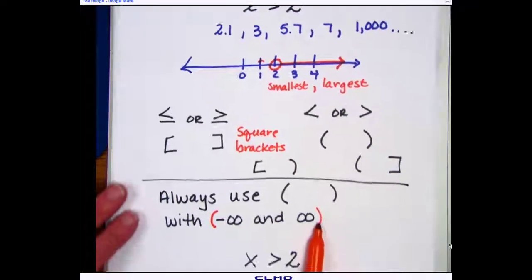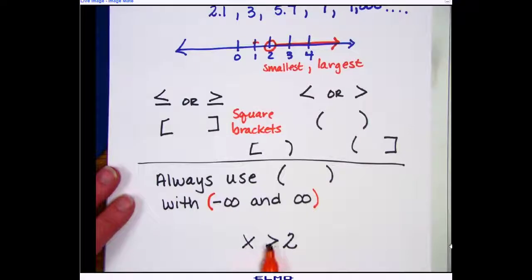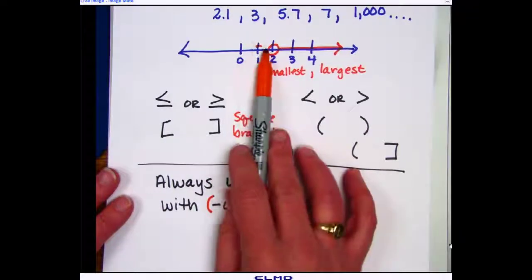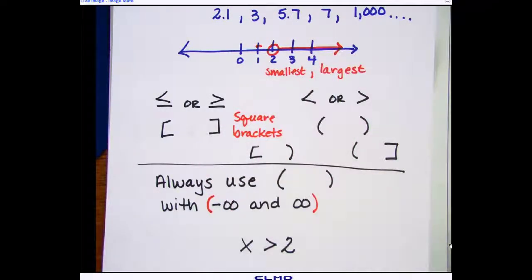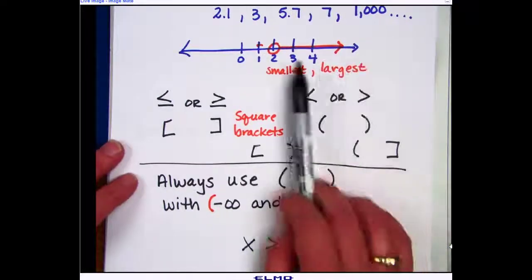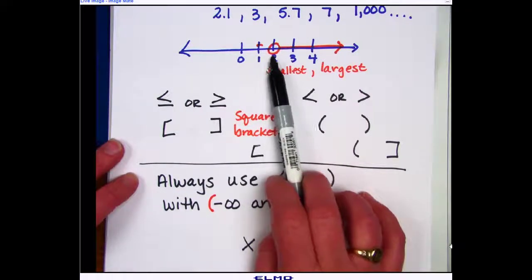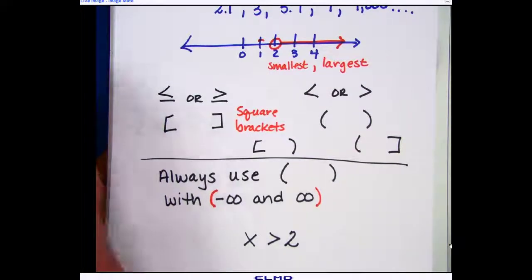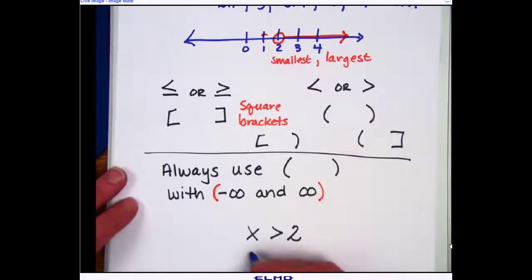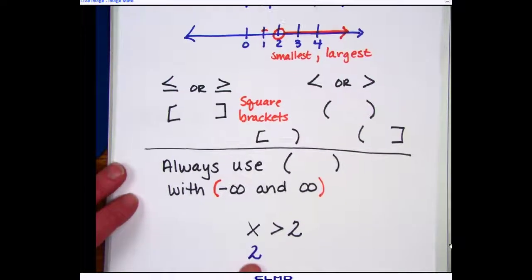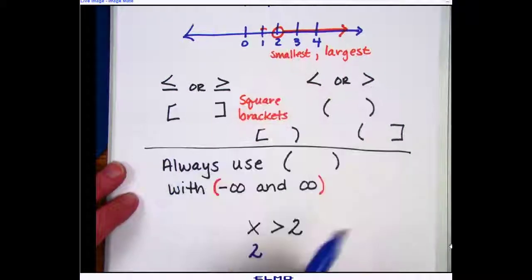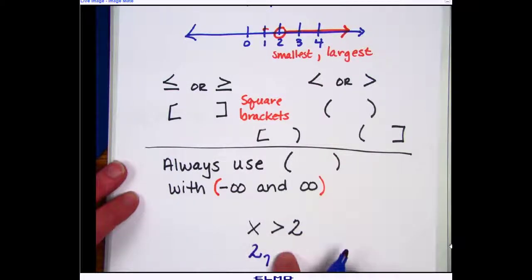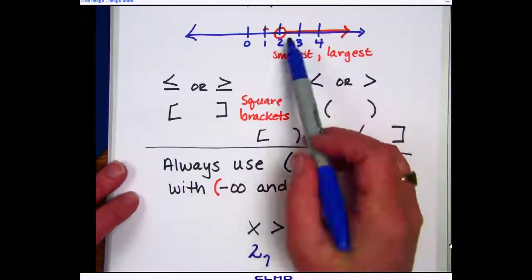Now, looking back at our original example, we had x is greater than 2, and I depicted it like this on the number line. So what is the smallest value, approximately, that x can ever take on? Well, I know it can't be equal to 2, but that's approximately the smallest value that it can take on. So I'm going to write the 2, and then comma, I'd put the largest value it can ever take on.